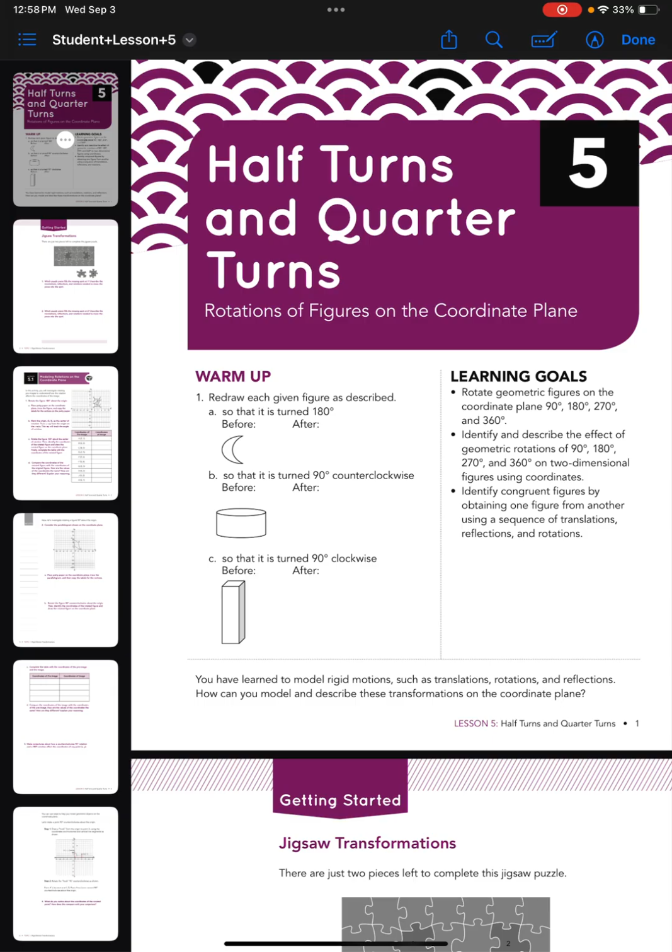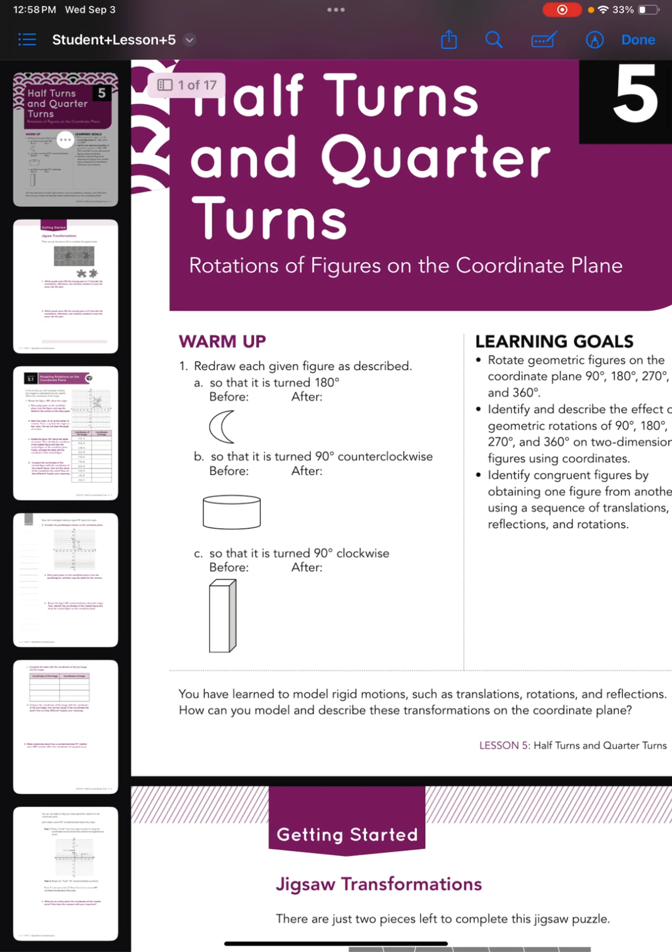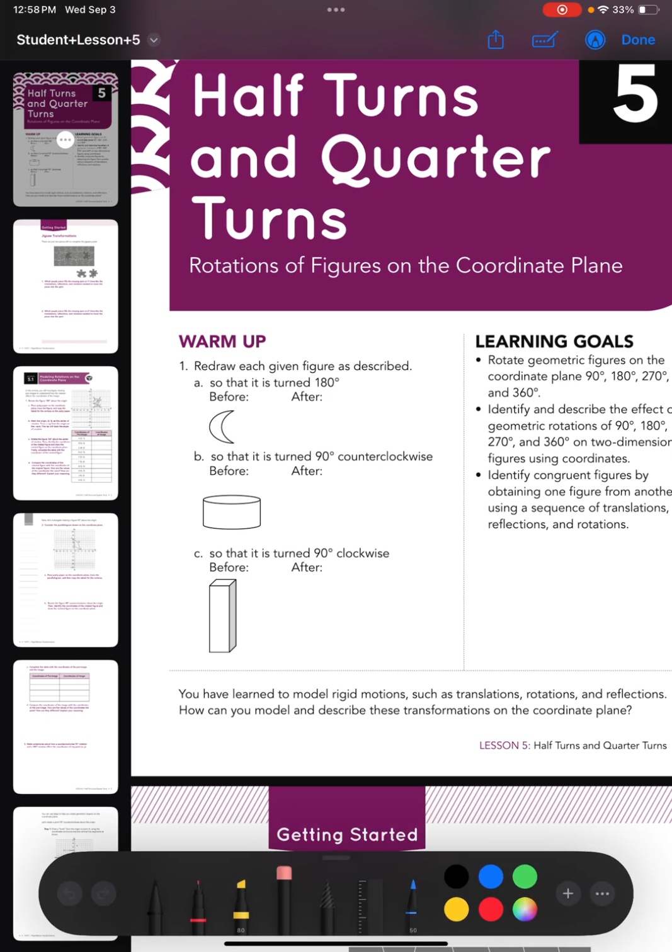All right, warm-up activity, just redrawing each one of these figures as it's shown. First one, A, 180 degrees. Think of it, 180 degrees is almost like a flip horizontally.